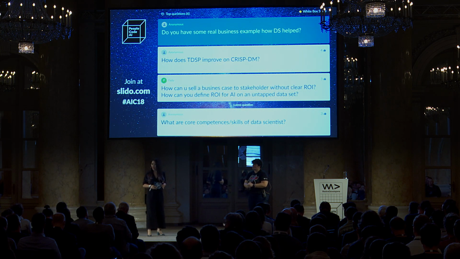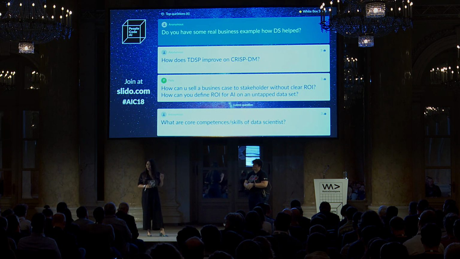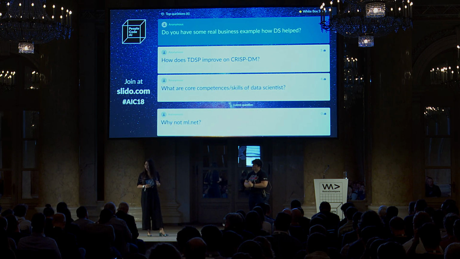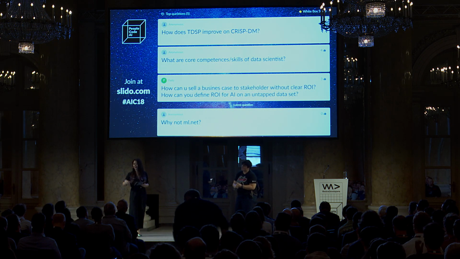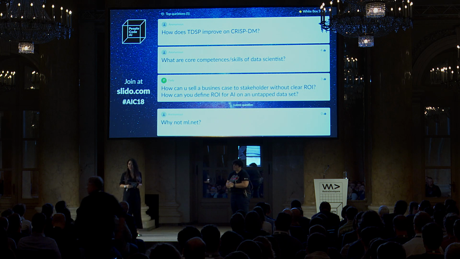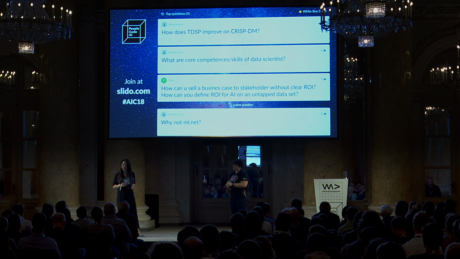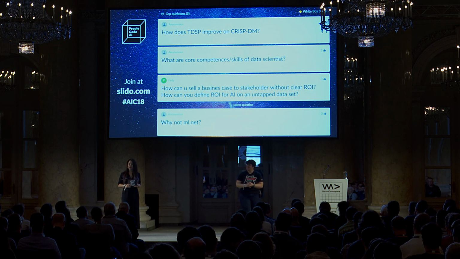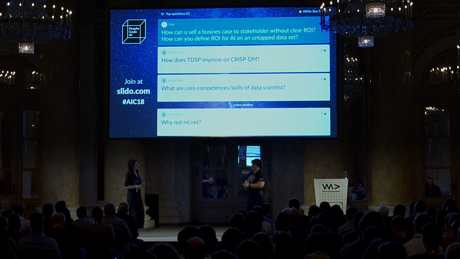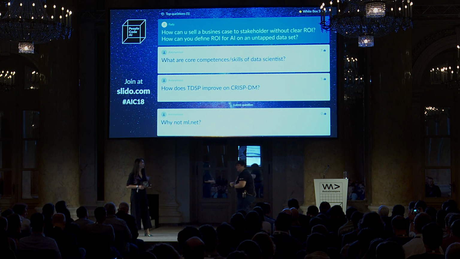How can you sell a business case to a stakeholder without clear ROI? How can you define ROI for AI on an untapped data set? OK, that's a tough one.